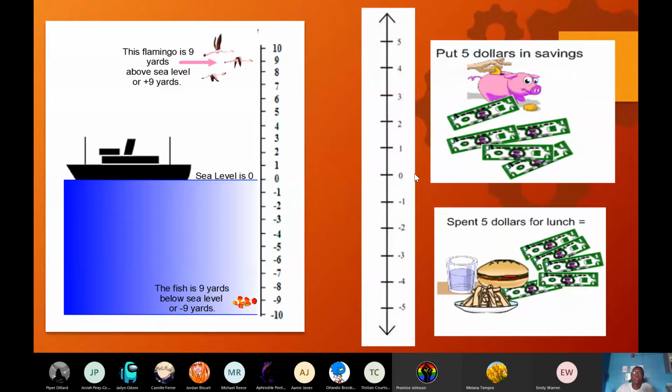Please take some time to draw this vertical number line with the same integers that you see Miss Neville has on hers. Once you have that drawn, we're going to do some experimenting and some exploring with two of these real world examples.